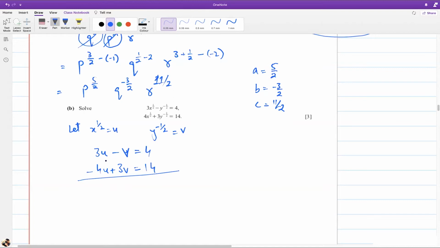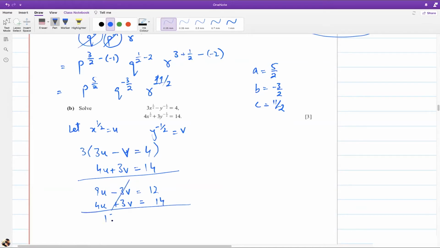I'm going to multiply this whole thing by 3, and that way I'll get 9u minus 3v is equal to 12, and 4u plus 3v equals 14. Make sure that when you're writing it, your u and v don't look similar. Otherwise, it will be very difficult for you or the examiner to tell them apart.